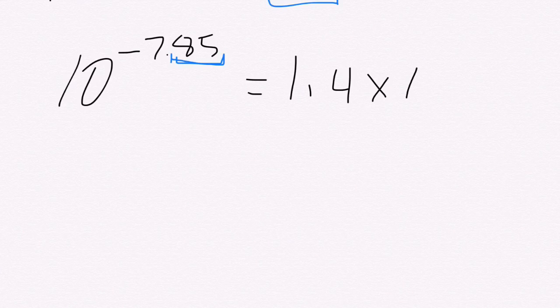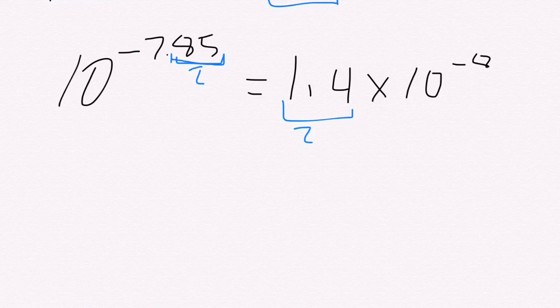The difference here is that we're going to do numbers such as 10 to the negative 7.85 or something. If we see this exponent here, it has 2 numbers after its decimal point. Therefore, our answer is going to have 2 sig figs. So it should be 1.4 times 10 to the negative 8th. So 2 sig figs.